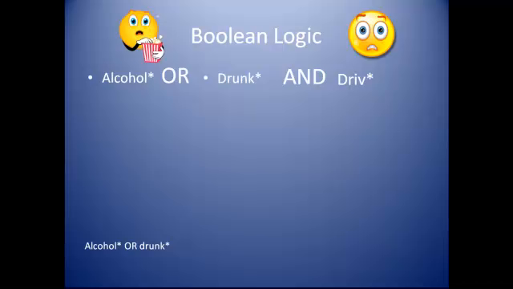You could have the cookies and the chocolate bar. We'll have alcohol or drunk and drive. Okay, we have the term or to combine words within the same concept, and the term and to combine two different concepts. Or will get you more records, but and will get you fewer.